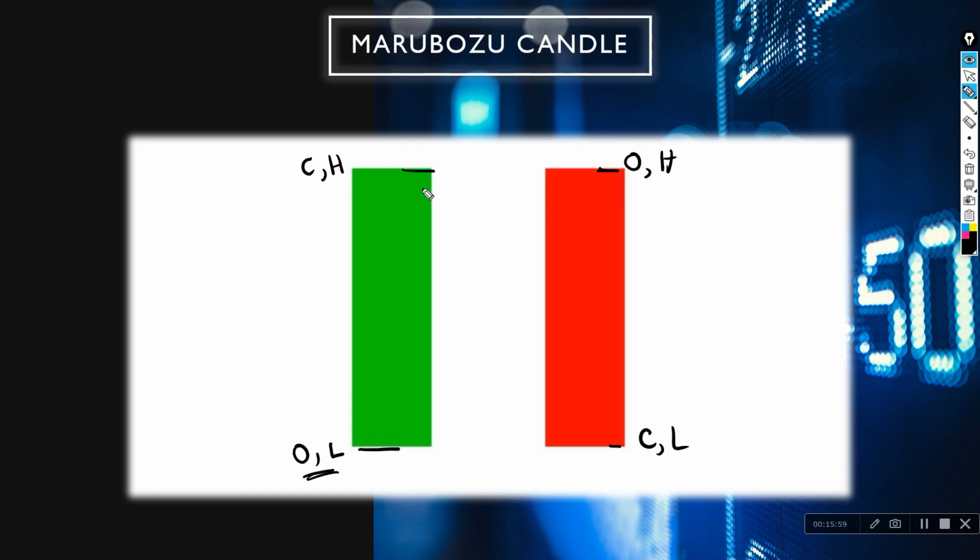On the other hand, in the bullish Marubozu, we had the opening and the low price the same, and closing and high price the same. Please do not get confused. Remember this. We will also show you, as we move ahead in our lectures, how you can trace these candles on your chart.